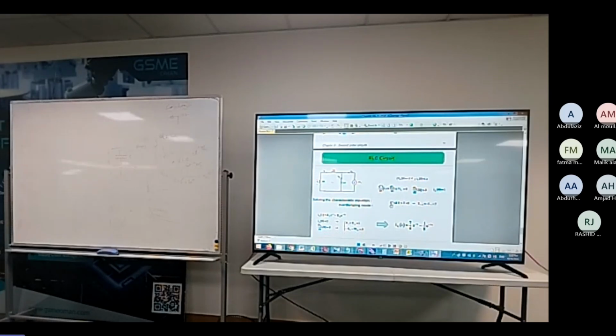We've got the characteristic equation. If we solve that, it has two real roots, which means it is overdamped or underdamped. Do we have oscillation here?